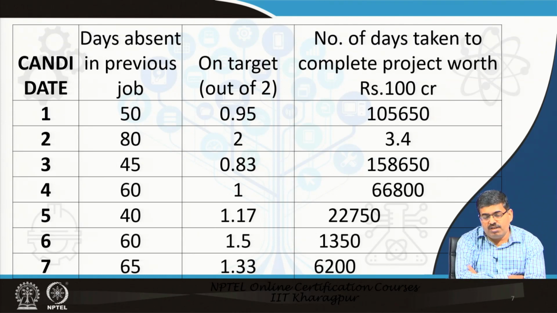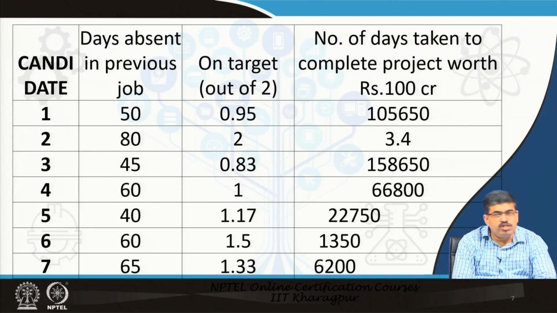Number of days taken to complete a project worth rupees 100 crore. So, this is the number of days taken. Again, these are just arbitrary numbers, do not take them at face value. So, candidate 1, in the previous job in 1 year, was absent for 50 days.